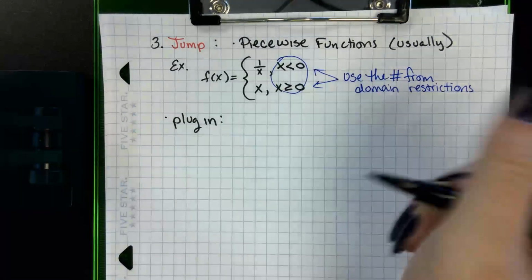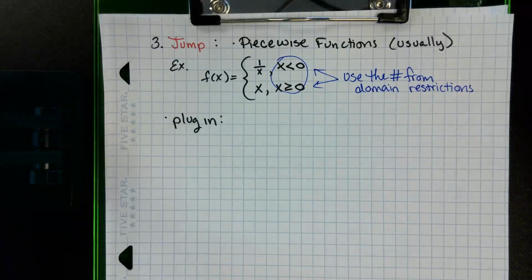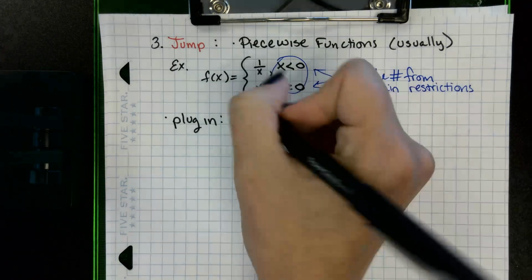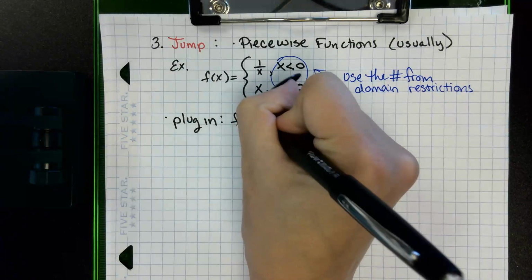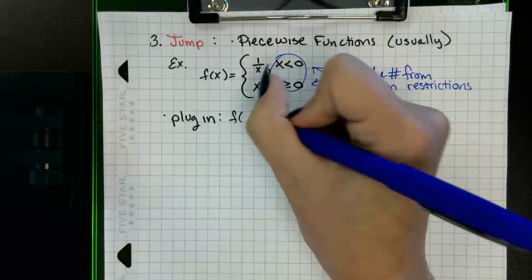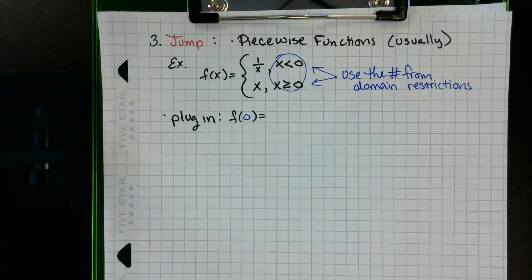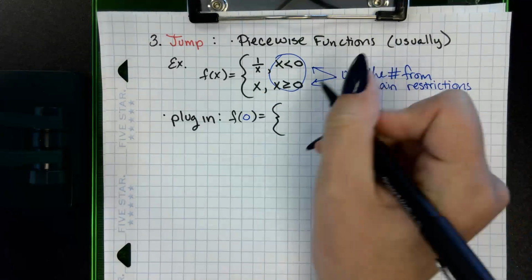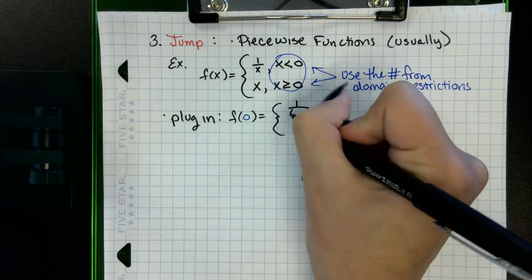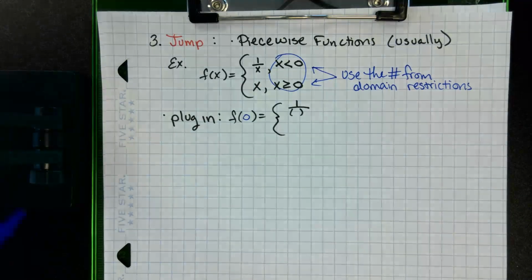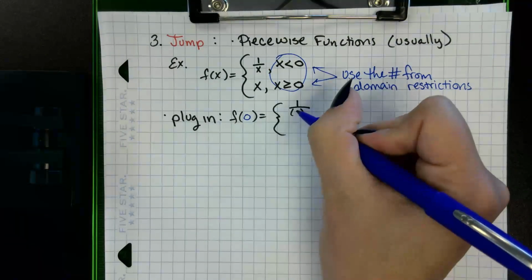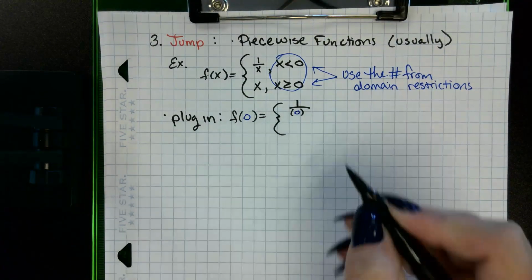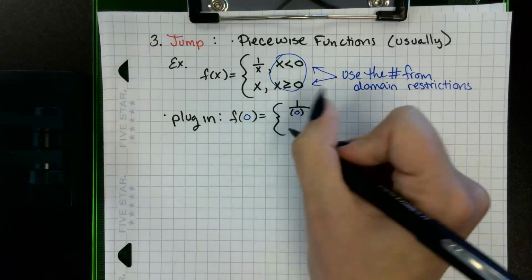So 0 is the domain restriction number, we're going to do f of 0. And you have to do both of them. So we have 1 over 0, and then the other one is just 0.